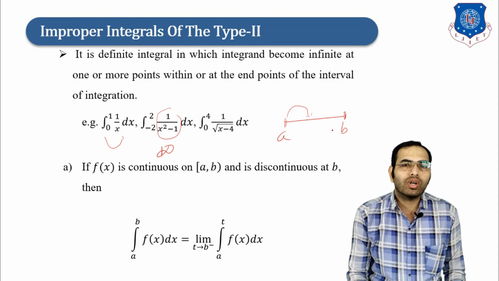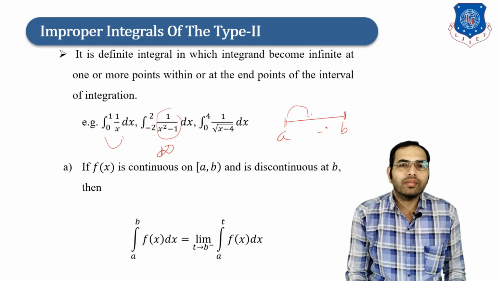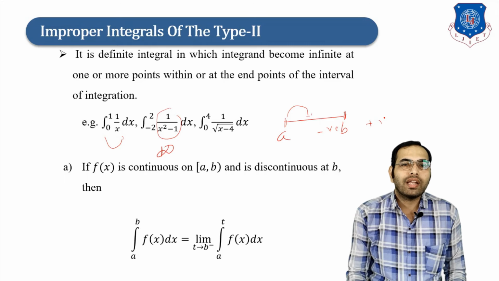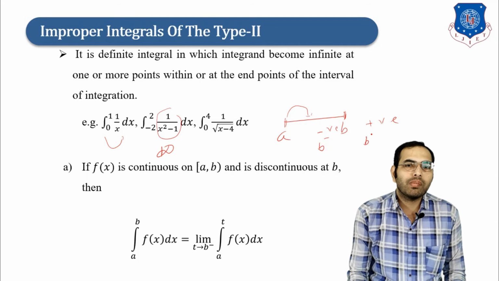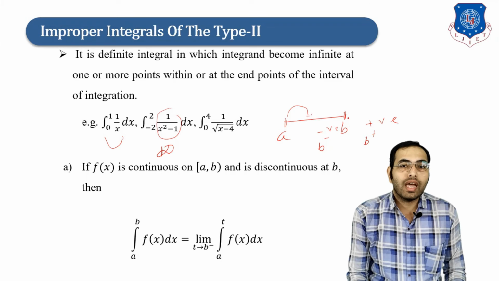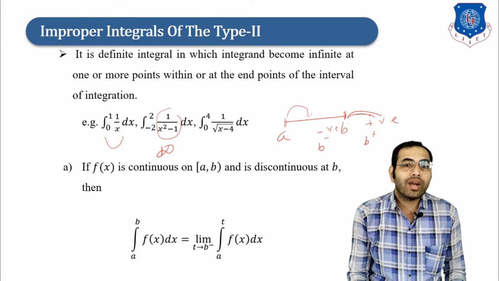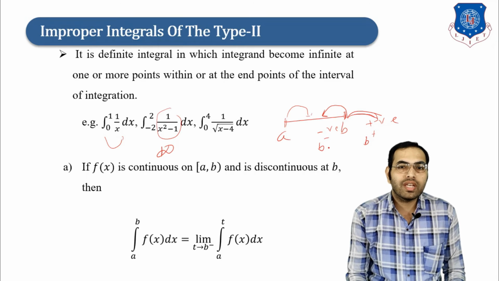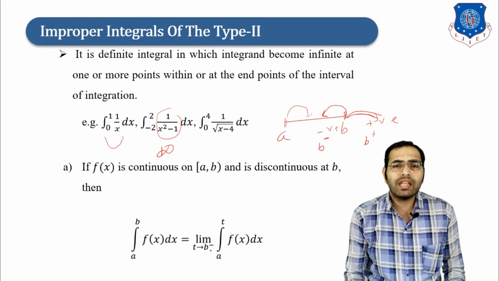Then we have two conditions: one is the b minus position, the other is the b plus position. After b our function becomes discontinuous, and up to inside of it our function is continuous, so we consider the b minus position. There is no need to write the b minus; you can also simply write limit t tends to b of the integral from a to t of f of x dx, as you like.